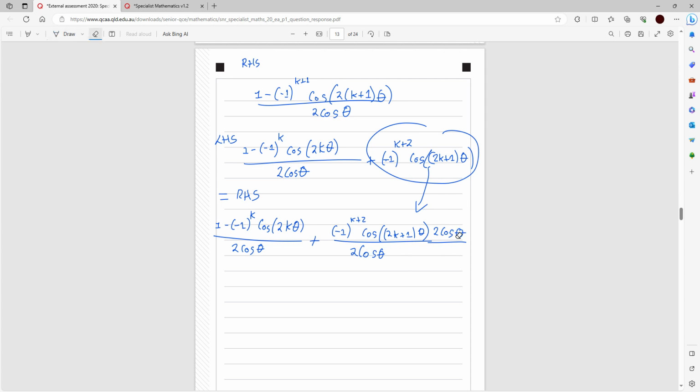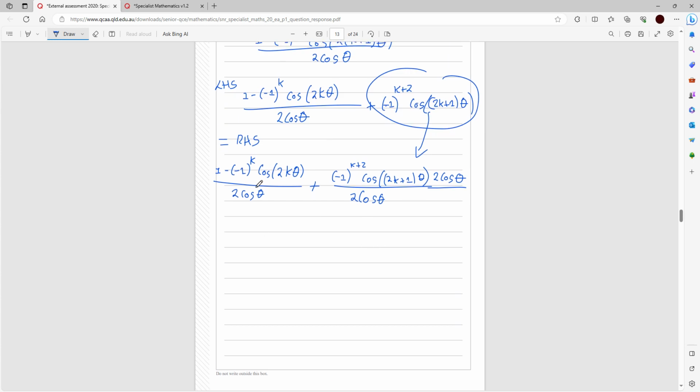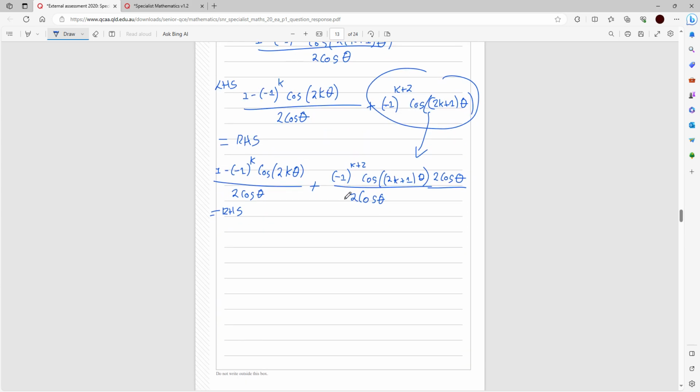But the reason I've done this is so I can add this and this together because they're on a common denominator now. Oh, we're going to run out of room. Okay, and it's still equal to the right hand side. So I'm not going to write the right hand side. We're just going to try and make it look like the right hand side. So what we're going to do is remove that and put it over one thing.